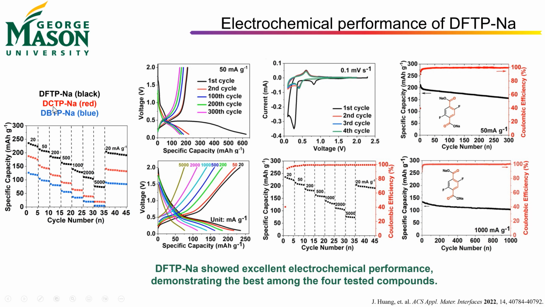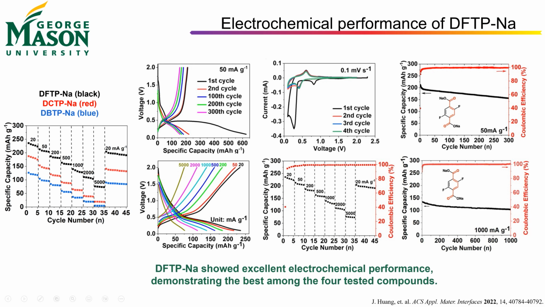It delivers the highest specific capacity, about 220 milliamperes per gram, and it has the best cycling stability. Over 300 cycles, its capacity retention is over 80%, while the other three had obvious capacity decay in 100 or 200 cycles.